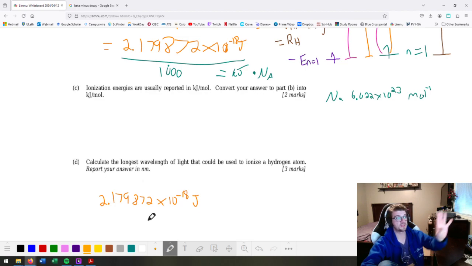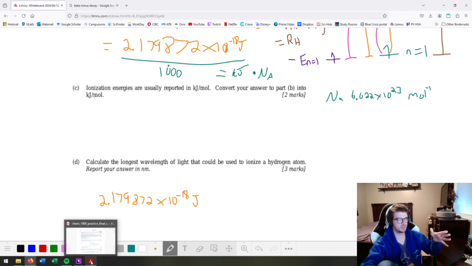Again, this is the ionization energy for an electron in a hydrogen atom. So what we need to do is find what frequency of photon would have this much energy.